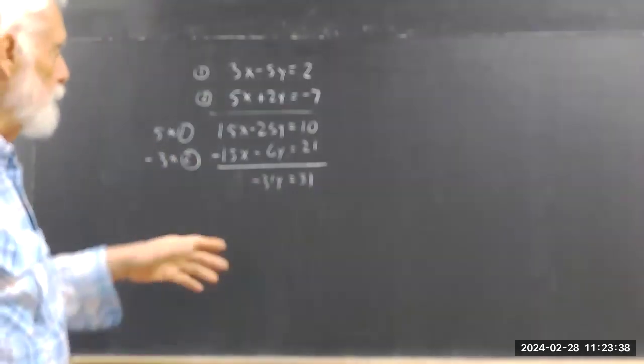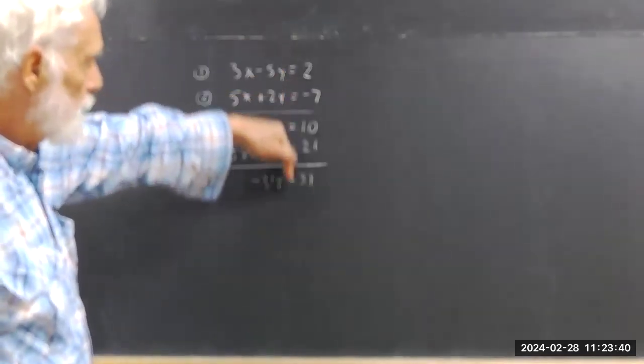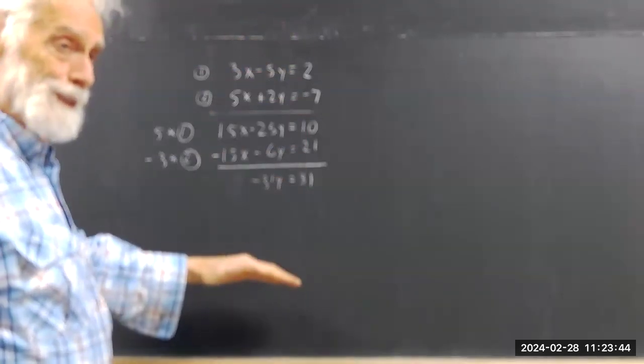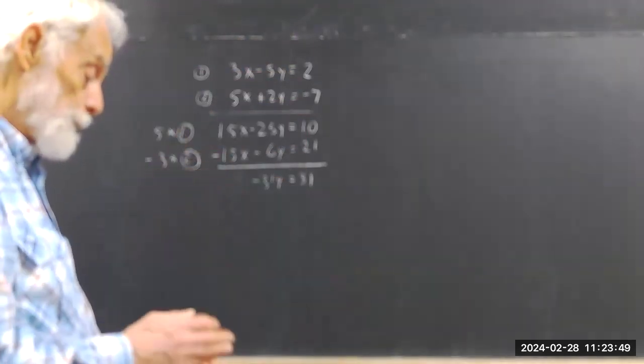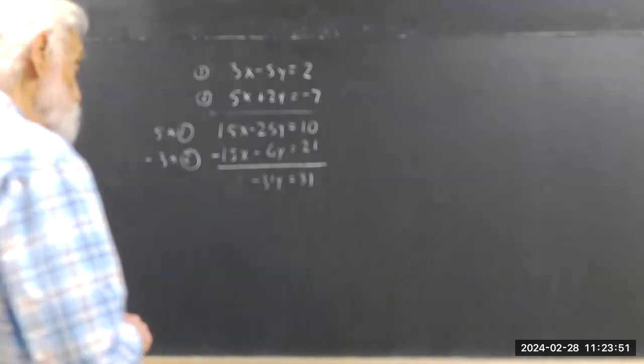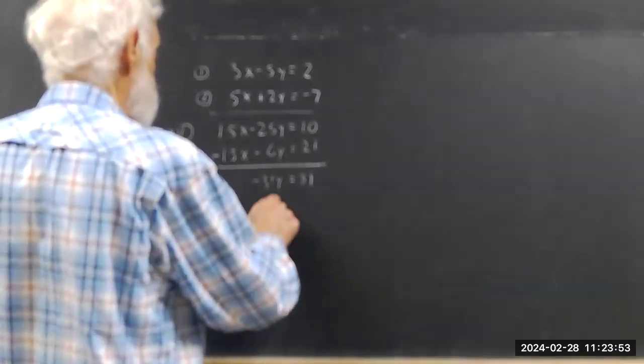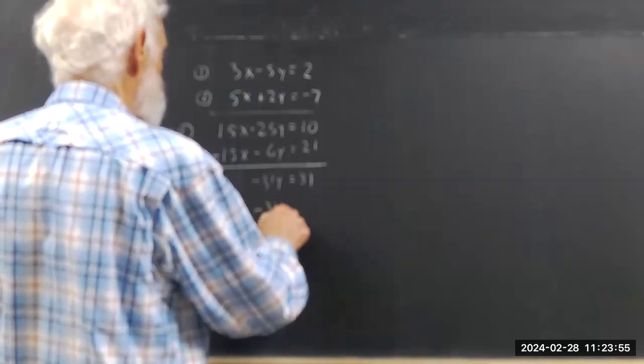Now, a couple of things before I solve this. Notice that I'm aligning my equal signs here so everything just stays nice and aligned. Keep everything lined up as long as possible. So then we proceed to solve this.